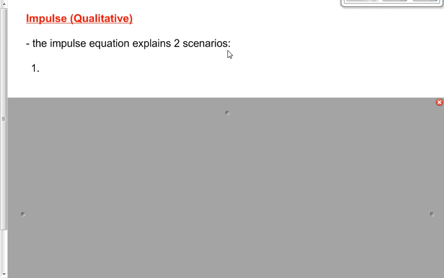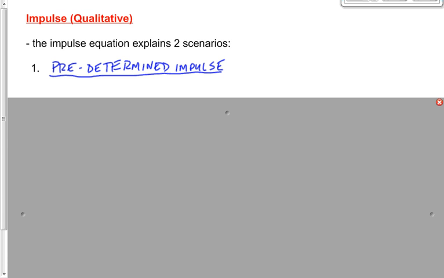The situation is what I call a predetermined impulse. Predetermined impulse is a term that I give to a situation in which the object that is moving will experience the same impulse no matter what.